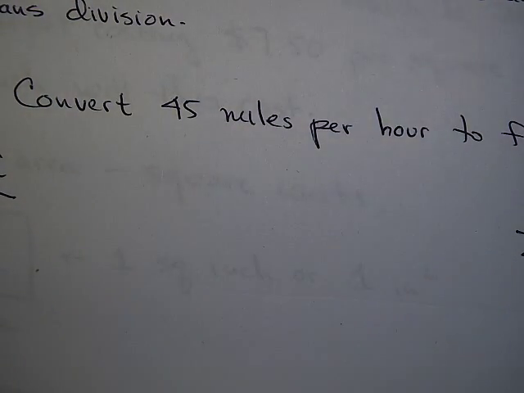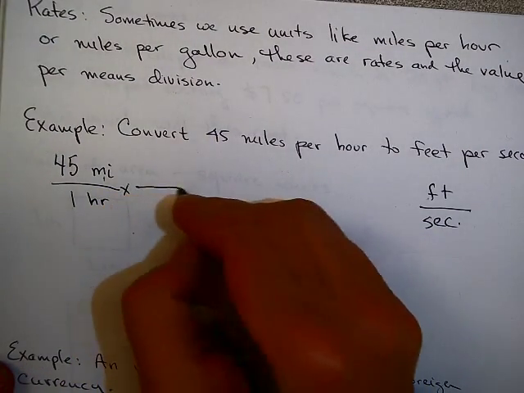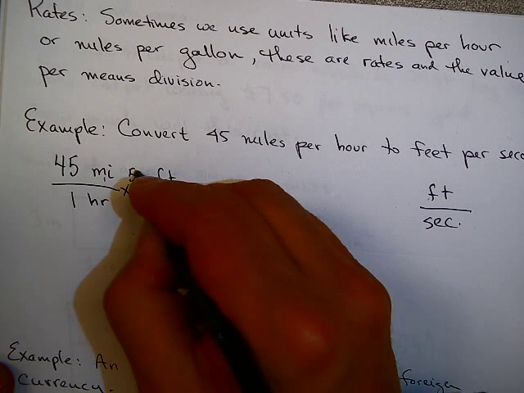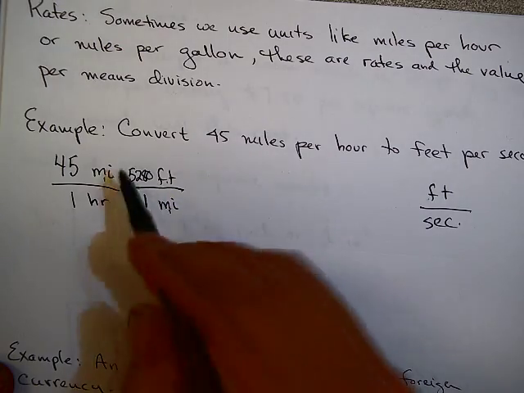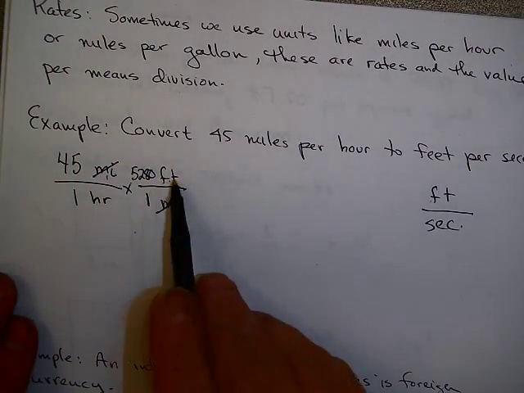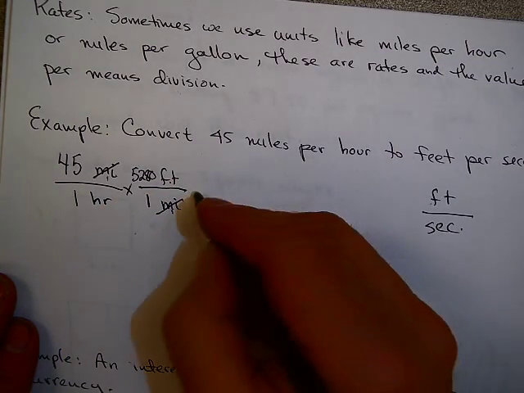So I could go ahead and use that one to eliminate miles and put in feet. This time the 5,280 feet go on top and miles are on the bottom so that the miles divide out. Now I have feet per hour, but I don't want feet per hour, I want feet per second.